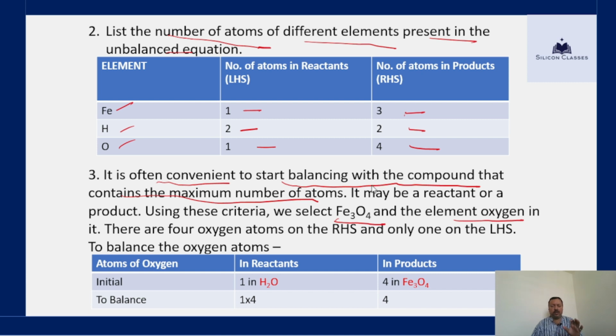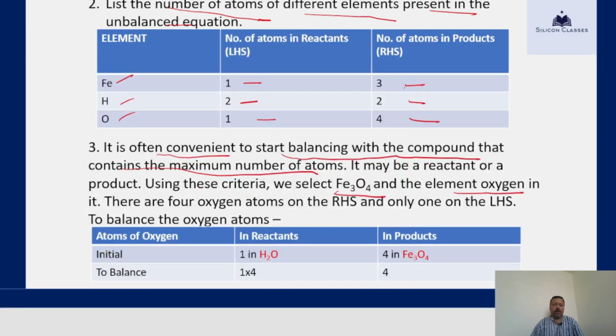So we should select initially the oxygen atom. First of all, we should balance the oxygen atom in both reactant as well as product. So we should draw a table: atoms of oxygen, whatever is present in reactant or in product.